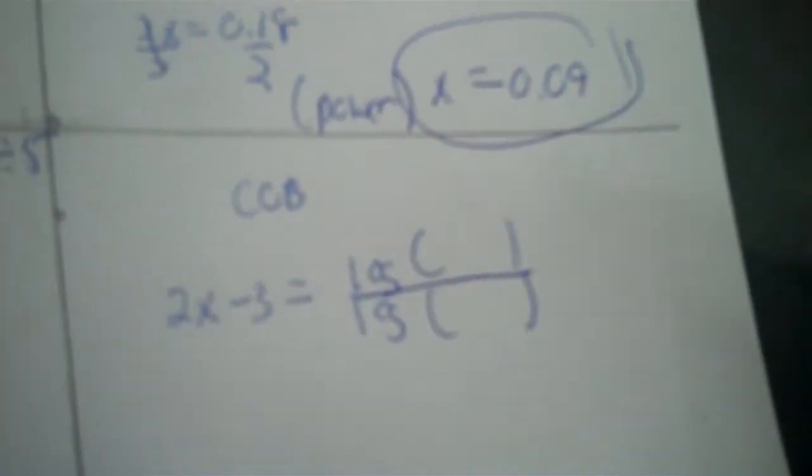Now I go to my COB formula. So I circle the power, because I know that the expression 2x minus 3 equals the log. So 3 on bottom, 100 on top.